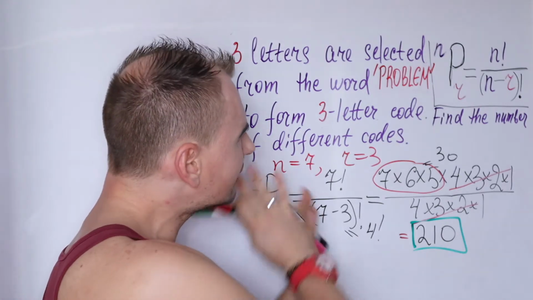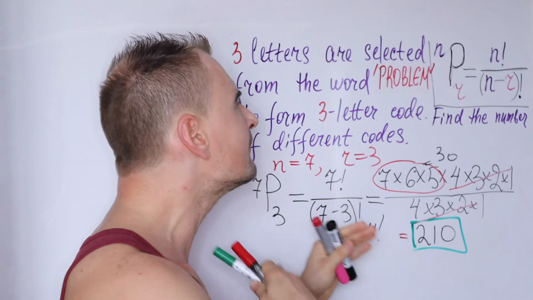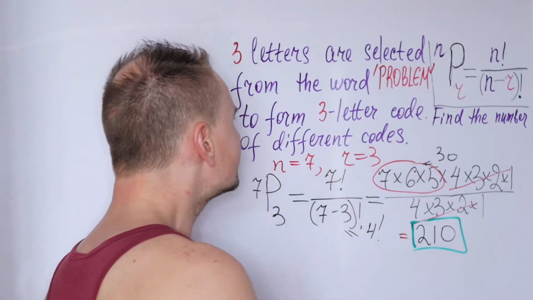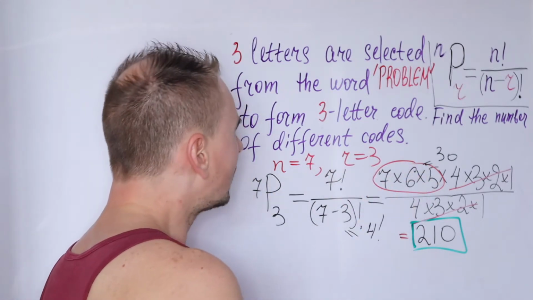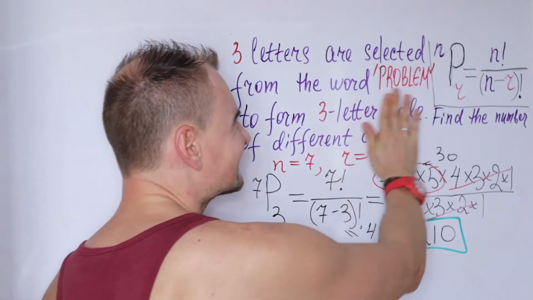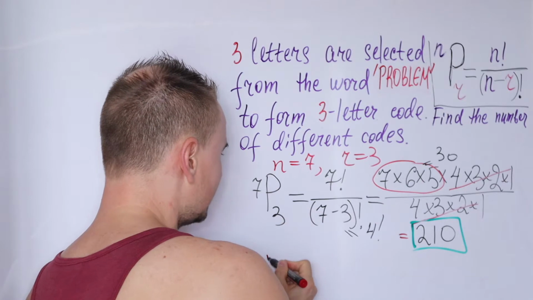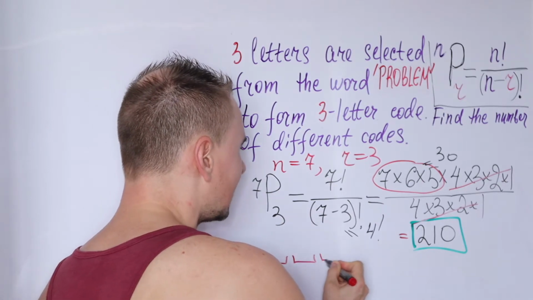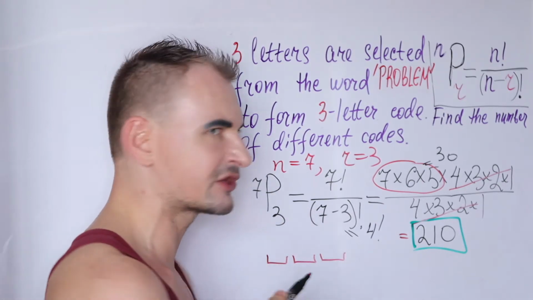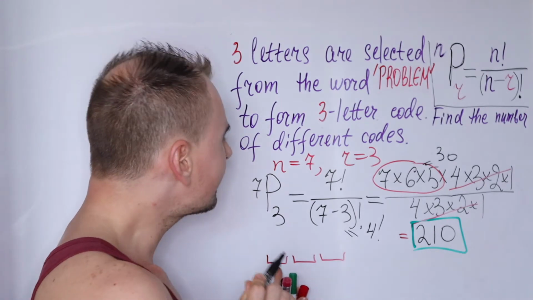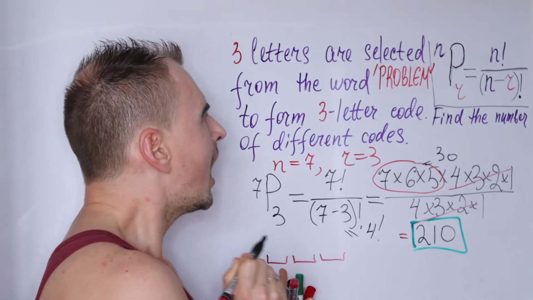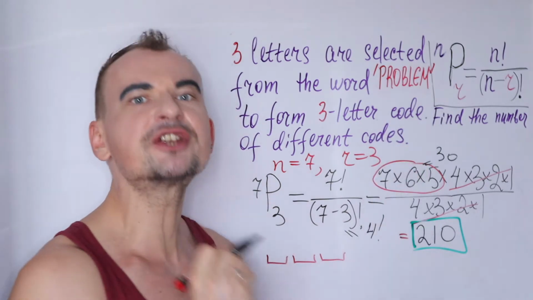So let's say, how can we figure out this problem without using permutations? Say we had this 7-letter word, and we are going to select these 3 letters. So we have these 3 slots. Now, for the first place, I have 7 different choices.